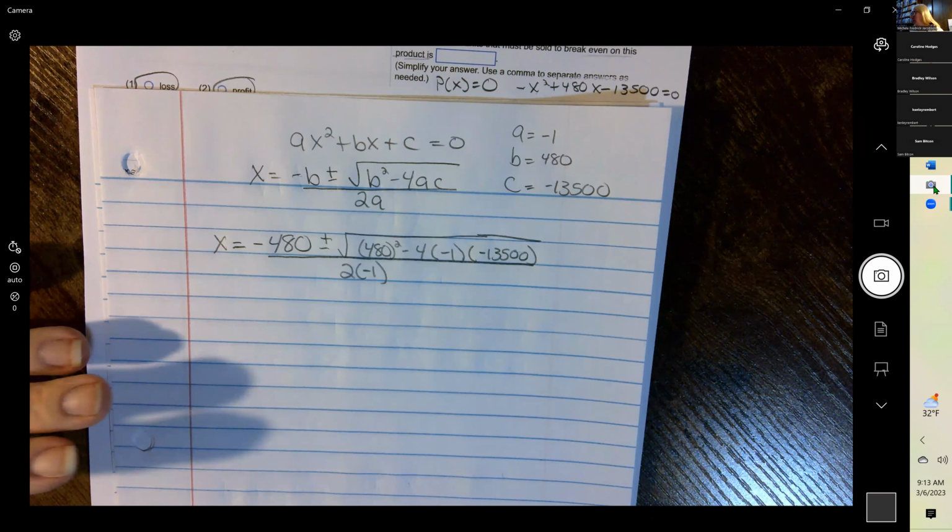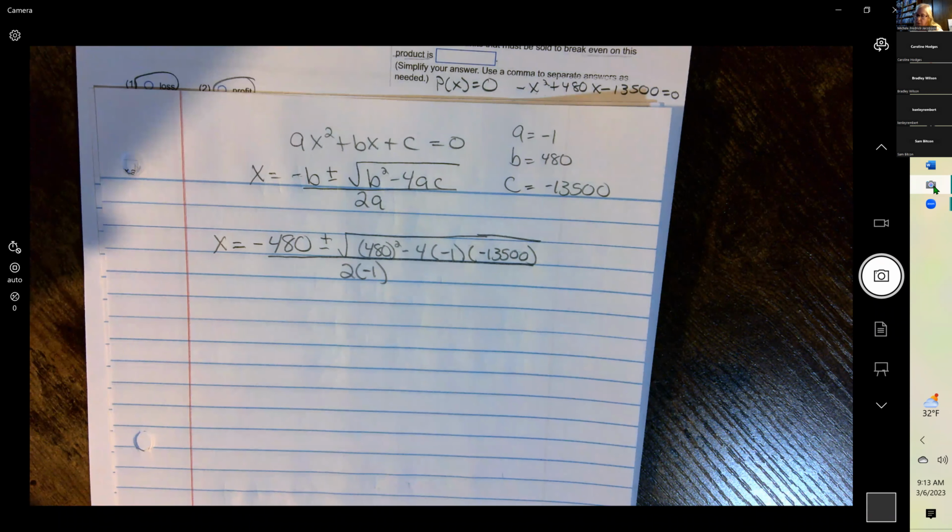I like to calculate under the square root first. 480 squared minus 4ac.